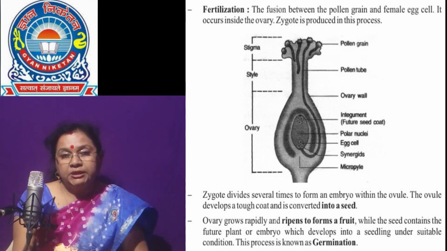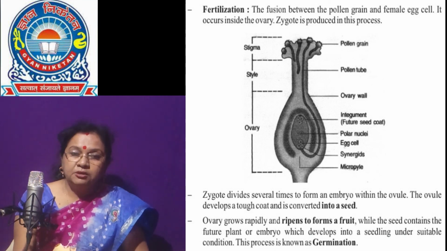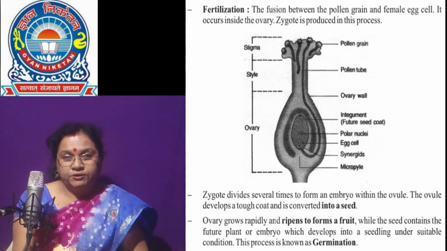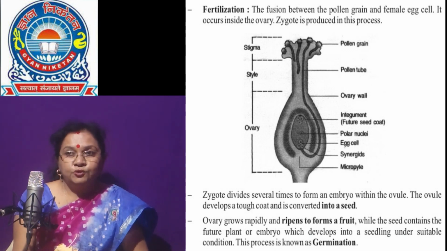The plumule gives rise to the shoot system and the radicle gives rise to the root system. So in this way the embryo contains the future baby plant. So thank you for this session.